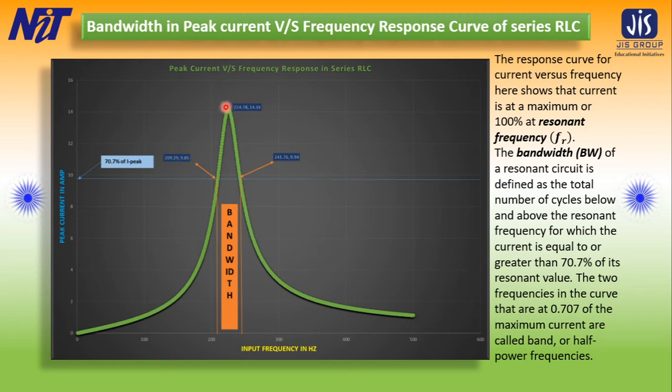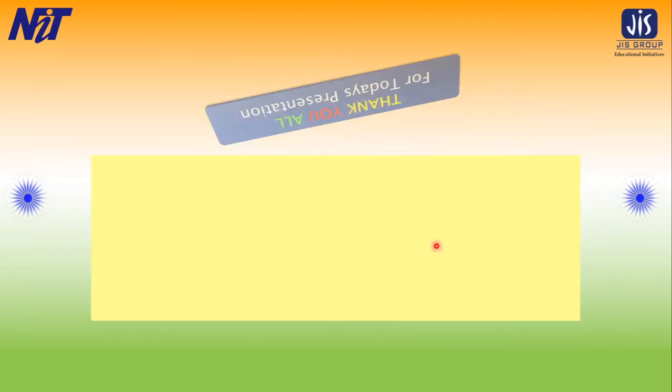So if you assume that is the 100% peak for the particular circuit, then 70.7% of this peak will be your half power frequency. And the two frequencies, the lower one and the higher one, give your delta F for the bandwidth. I will show you how to retrieve this graph in an Excel sheet when I do the simulation.